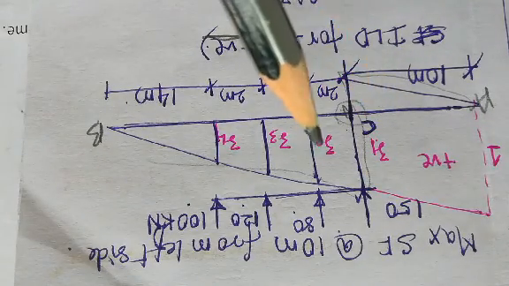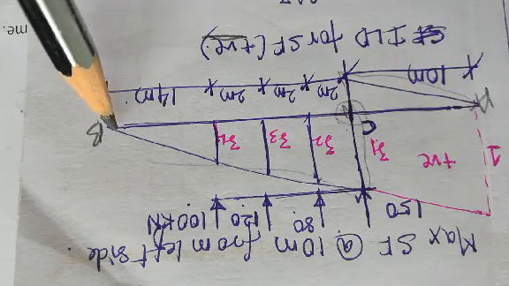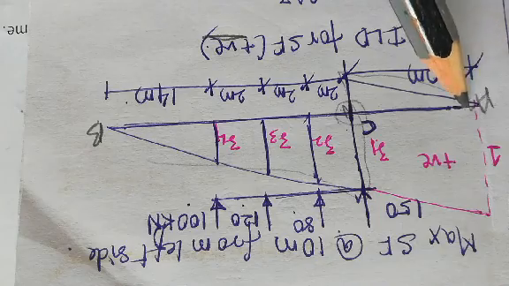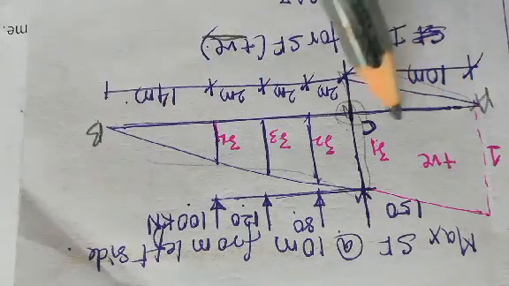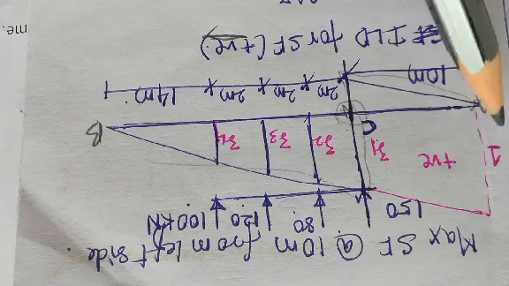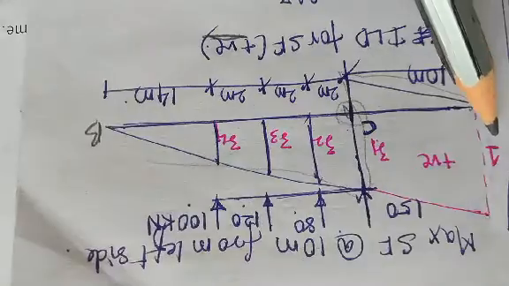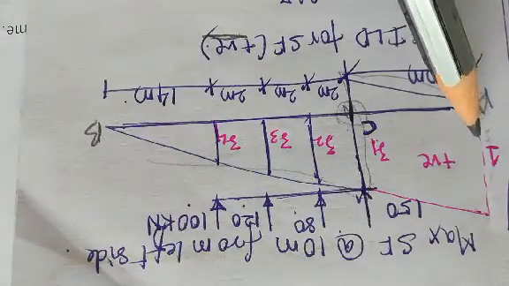The ordinate is 1 only when the load is exactly at A or at B. At any points other than A and B, we don't know the ordinate value of the influence line diagram. See here, I have shown the ordinate 1 at point A. Other than point A, you will not have the ordinate as 1 anywhere.